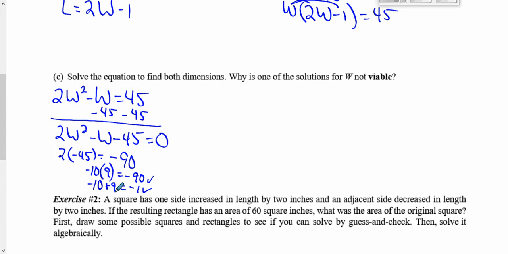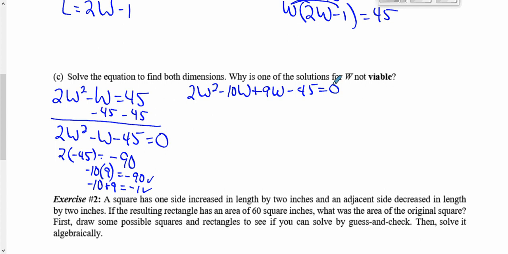Put that middle term up as not negative 1w, but its equivalent: negative 10w plus 9w. So 2w squared minus 10w plus 9w minus 45, right? Equals 0.